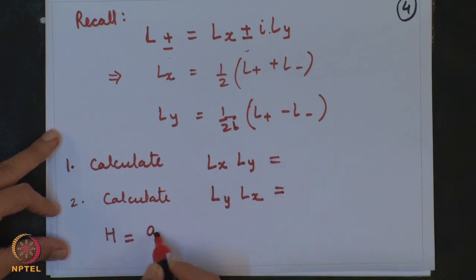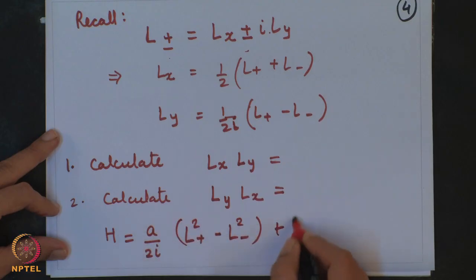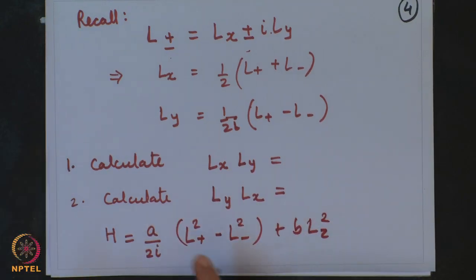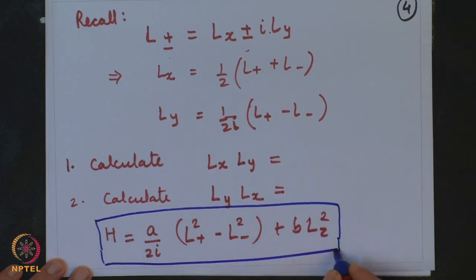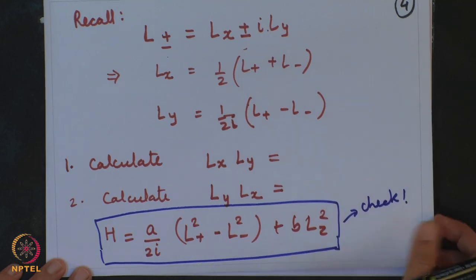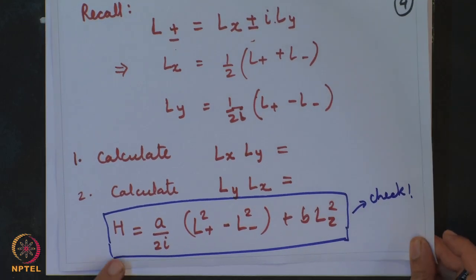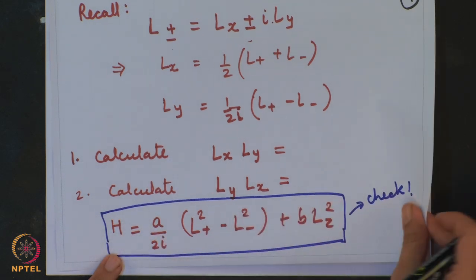What you get after doing all this, just check whether you are convinced with this result. You must check this result. And now you operate the Hamiltonian operator on the ket 1 0.